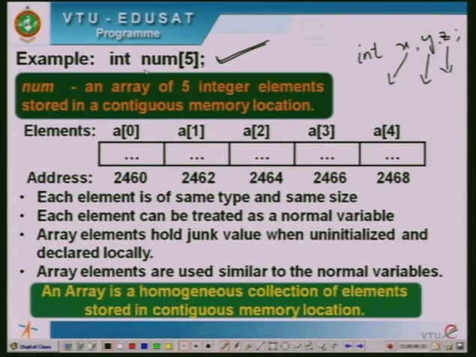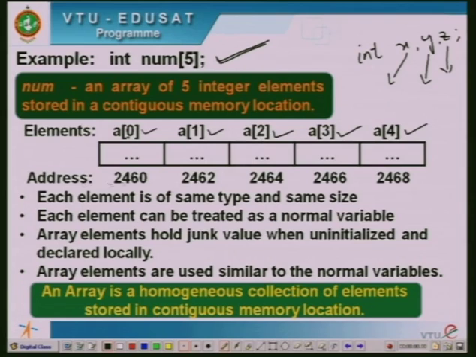You see here, a of 0 is the first element, a of 1 is the second element, a of 2 is the third element, a of 3 is the fourth element, and a of 4 is the fifth element. Since we start the index from 0, we call it an index: here the index is 0, here 1, here 2, here 3, and here 4.